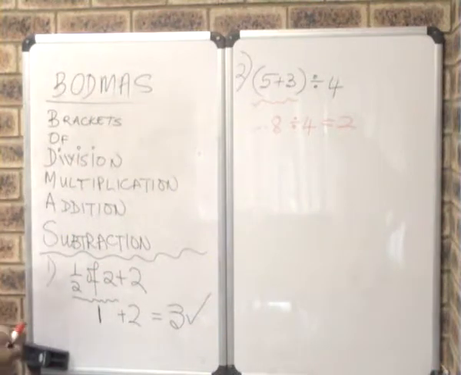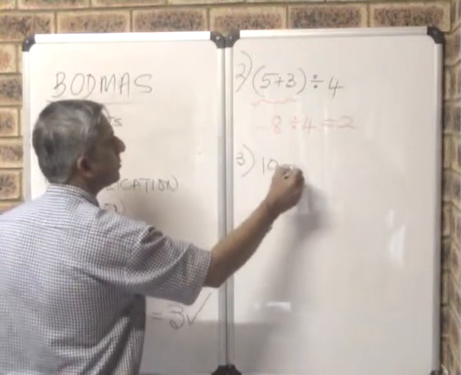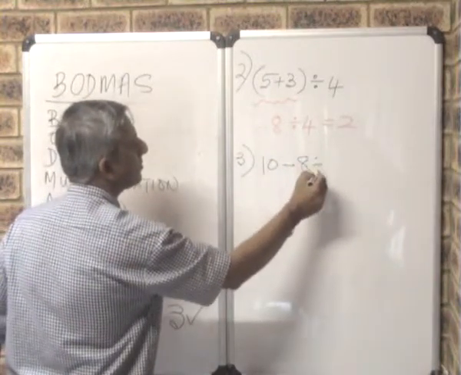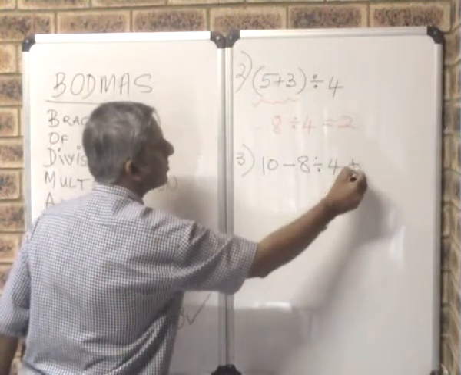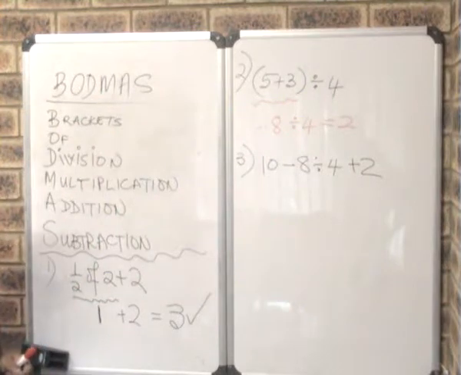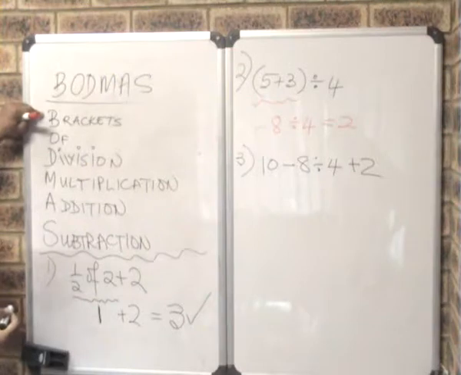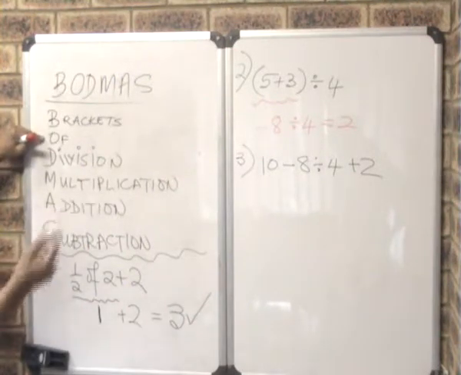Let's take another example. So when you look at this example, 10 minus 8 divided by 4 plus 2, you are looking for brackets, there's no bracket in it. Then you're looking for of, there's no of in it.